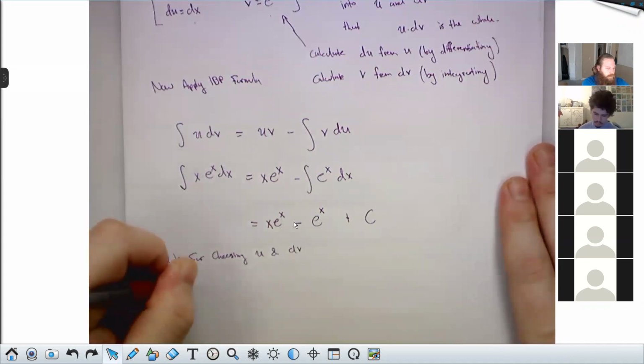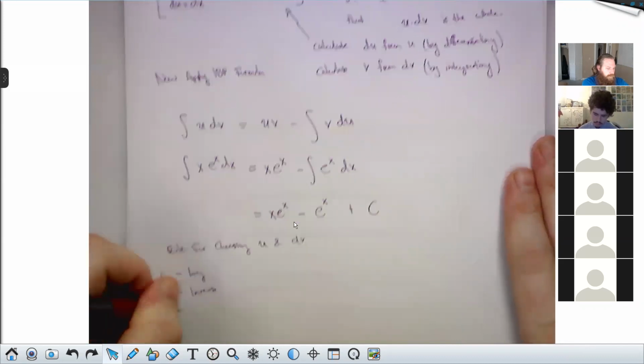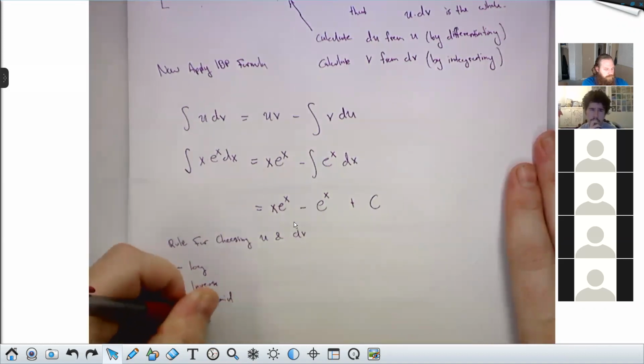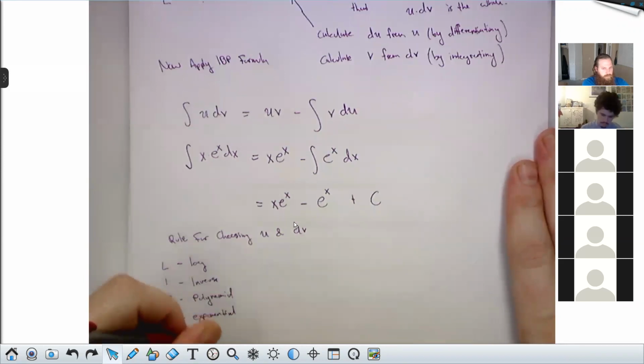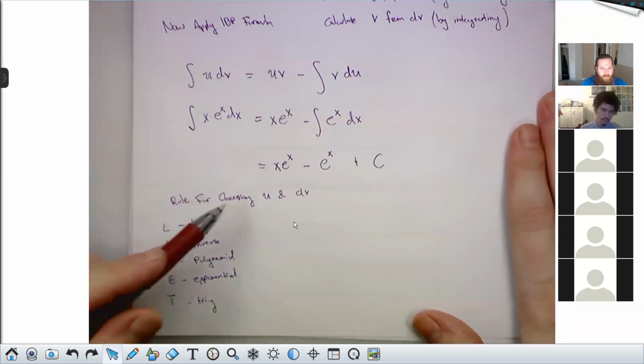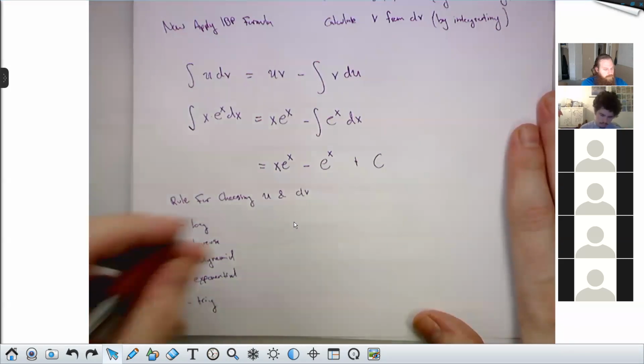L stands for log. I stands for inverse. P stands for polynomial. E stands for exponential. T stands for trig. Think of this as a hierarchy. If you have any logs in your integral, you should choose that to be u and everything else to be dv.